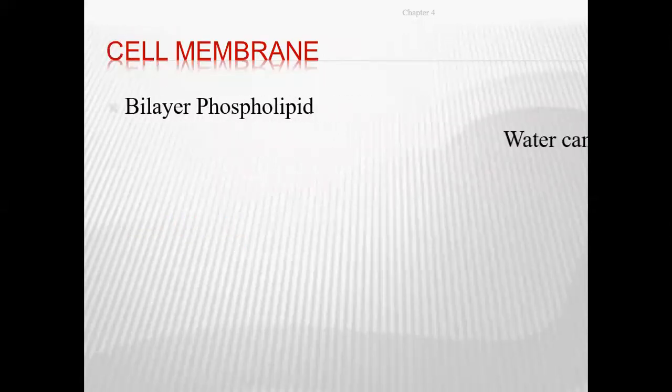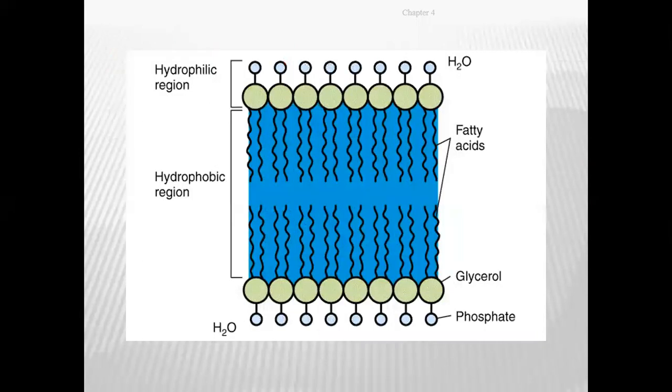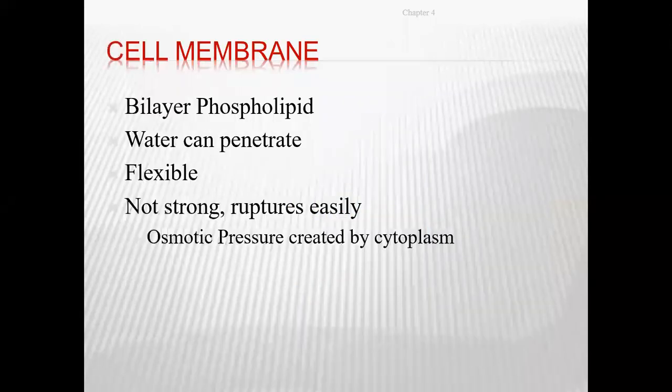Now, most important, the cell membrane is a bilayer phospholipid. Water can't penetrate, it is flexible, not strong, and ruptures easily, but the bacteria have a cell wall that gives rigidity to its structure.